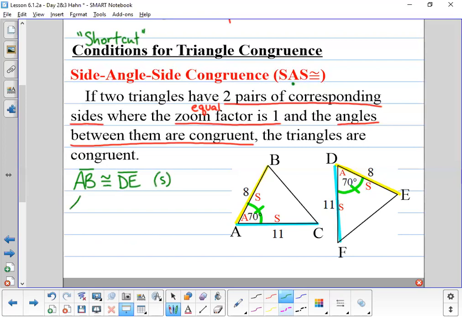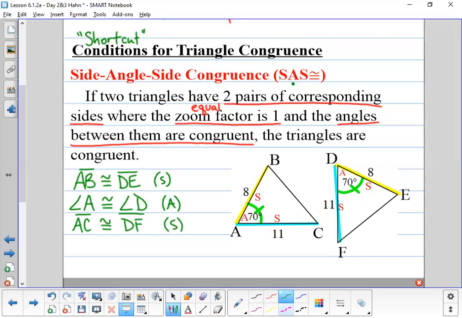Then I can say that angle A is congruent to angle D, because those are both 70 degrees, so those are congruent. So there's my angle. And then my second side, AC, is congruent to DF, because those both have a length of 11. So there is my side, angle, side shortcut or condition.